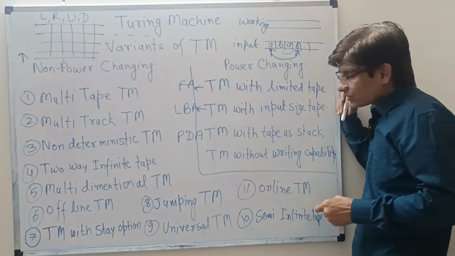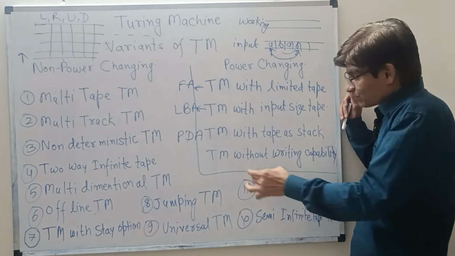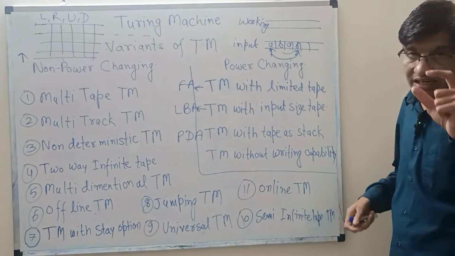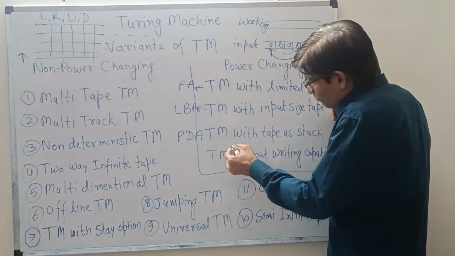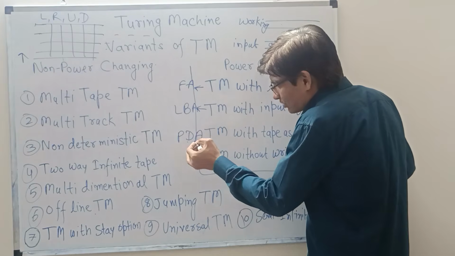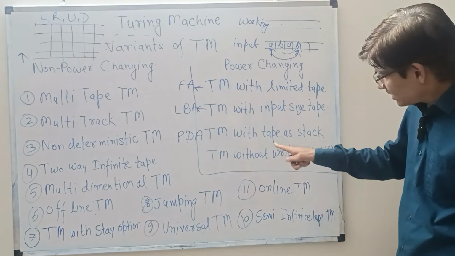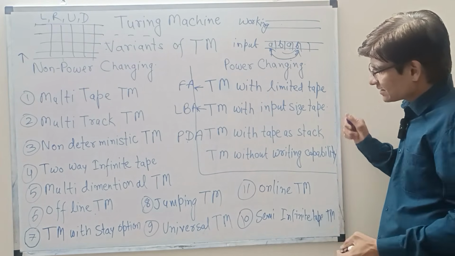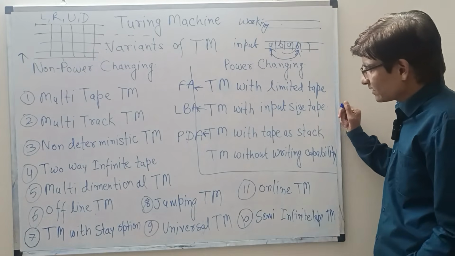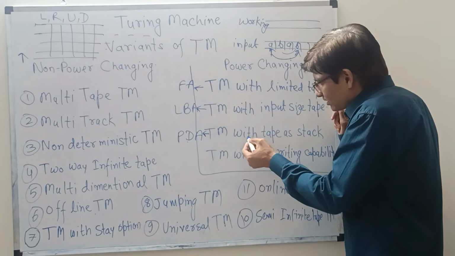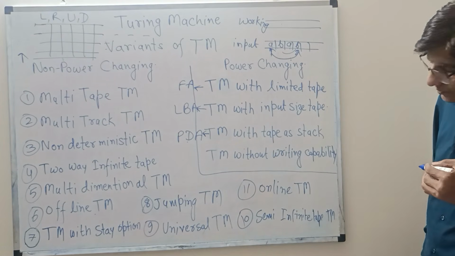Turing machine can accept all languages from type 0 grammar, while PDA can accept only languages generated from type 2 grammar. So again, the power of Turing machine is decreased when we use tape as stack. So when you use Turing machine with tape as a stack, it will work as PDA, pushdown automata.